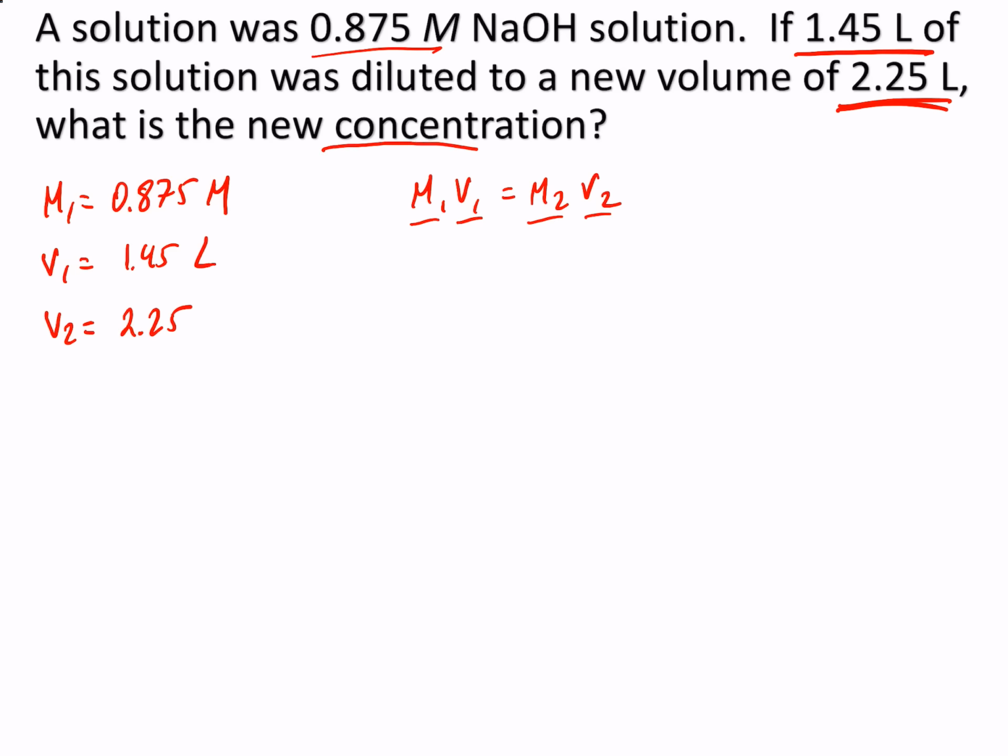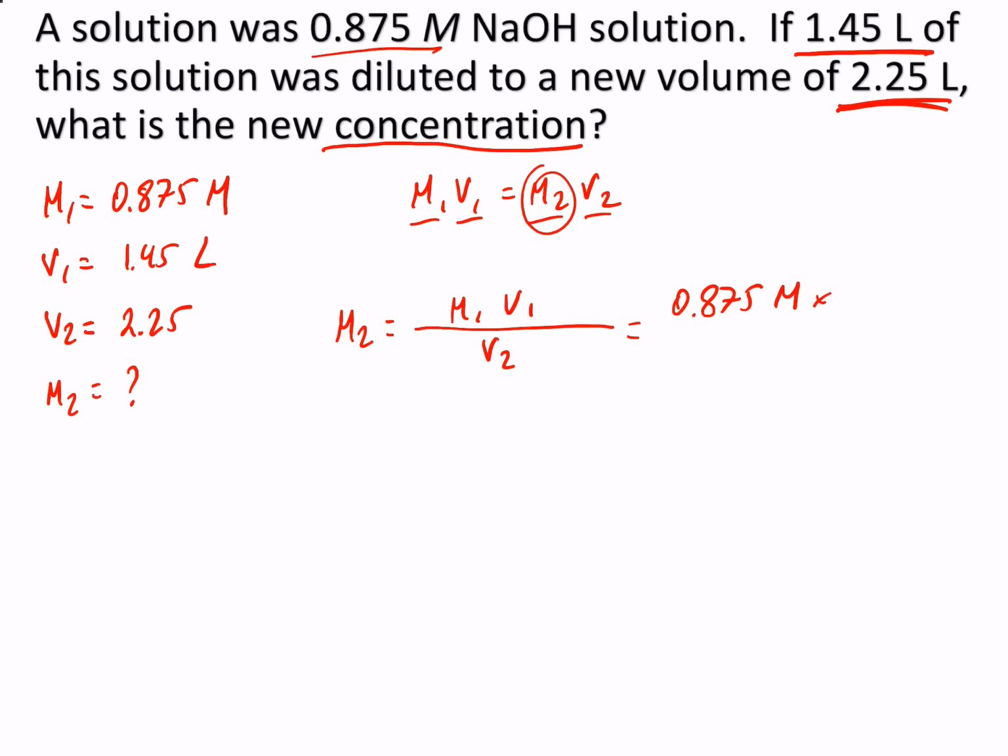The question is, what is the concentration? So M2 is what we are solving for. So in this dilution equation, we are solving for M2. And M2 is going to be equal to M1 V1 divided by V2. And this is 0.875 molar times 145 liters divided by 225 liters.